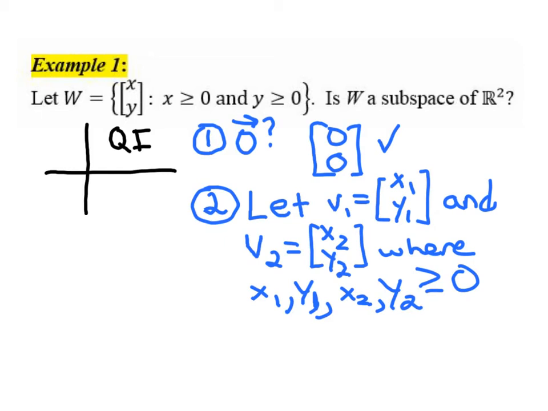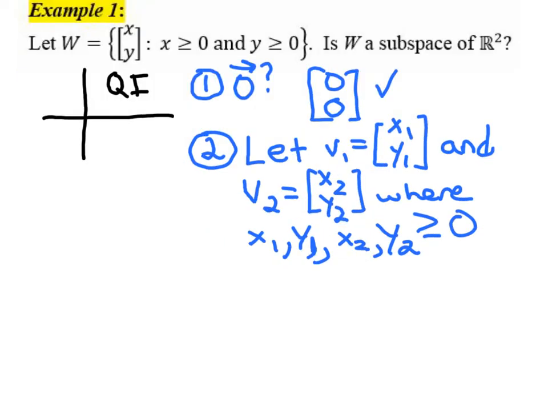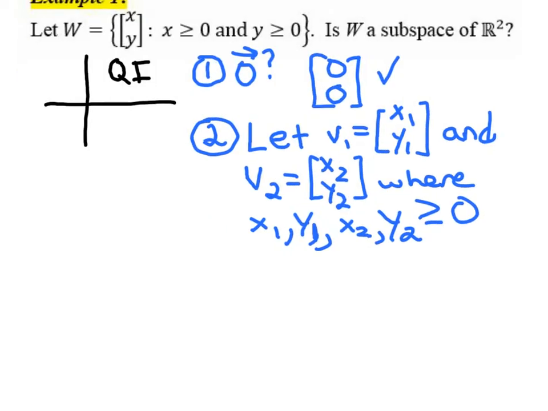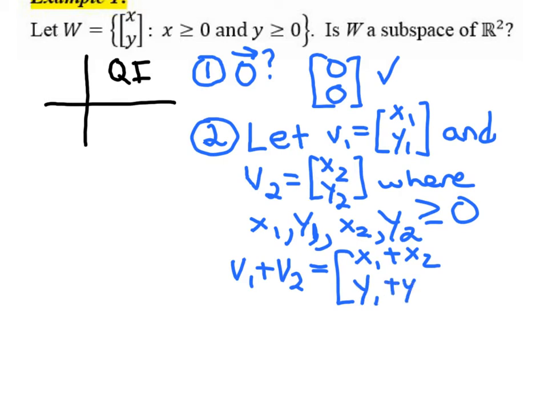Now we look at the sum of those vectors. So I'm going to scooch this up a little bit and take the sum, v1 plus v2. To add 2 vectors, you just add the corresponding entries. So the first entry will end up being x1 plus x2. The second entry is y1 plus y2. And the question is, does this vector belong in W?